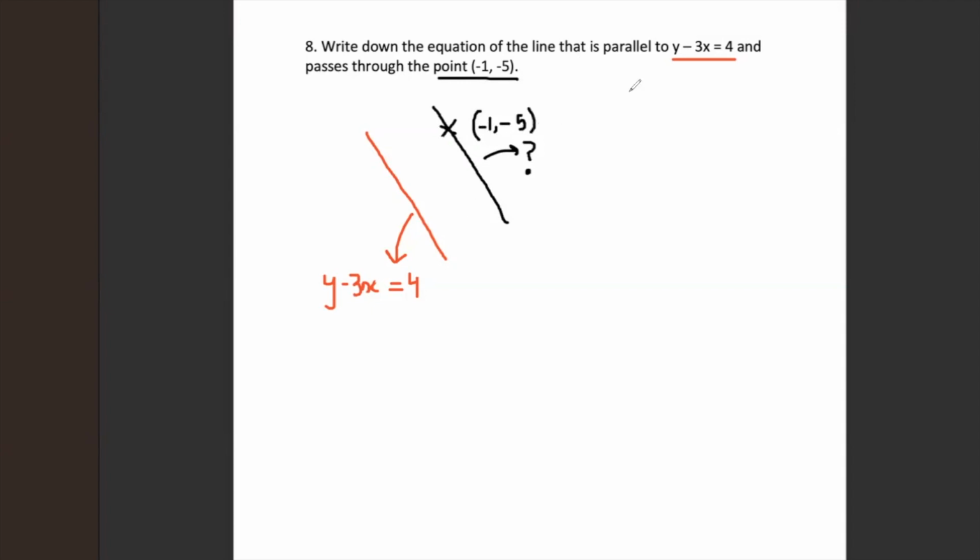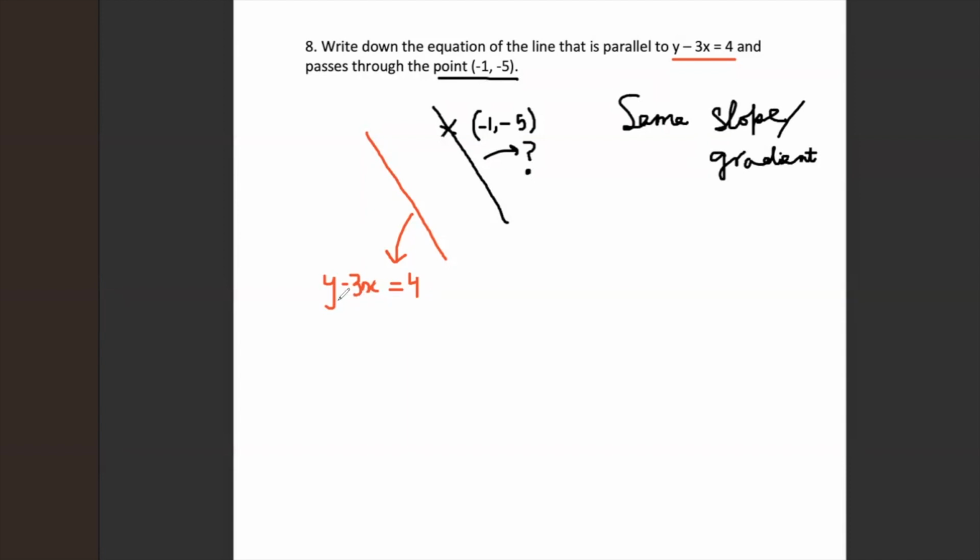So to answer this question, we have to know the properties of parallel lines. If we have two parallel lines, they will have the same gradient. They'll have the same value for m. So let's write it down. They should have the same slope or gradient. So let's find out what is the gradient of this line there.